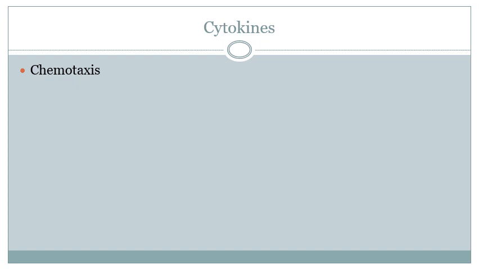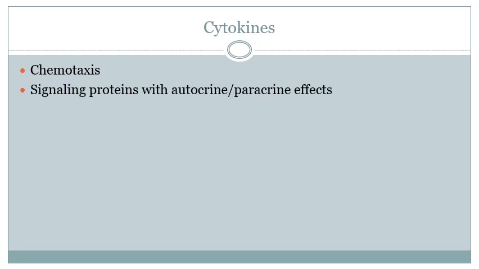Okay, so we know that tissue is comprised of cells. Tissue gets damaged, cells are damaged. In order for the tissue to regenerate itself, you need to have cellular actions taking place. So cytokines are a group of signaling proteins that produce two different types of effects: autocrine and paracrine effects.